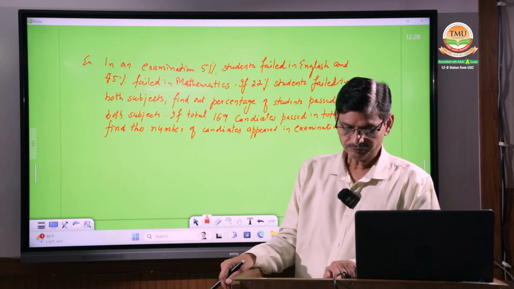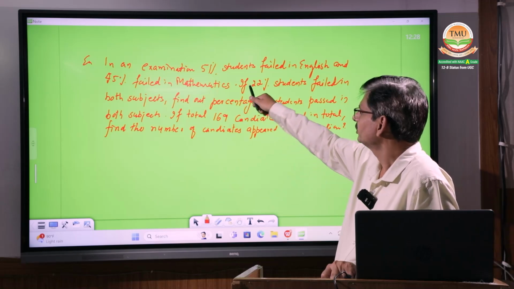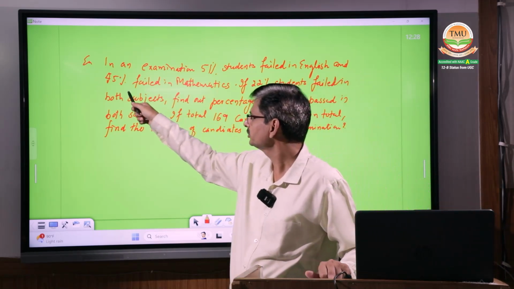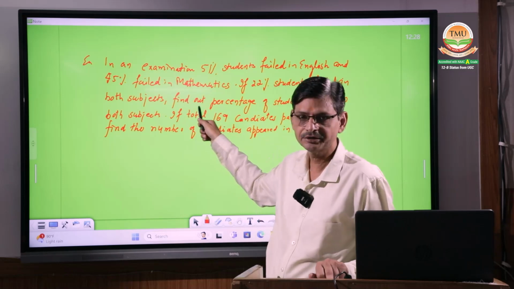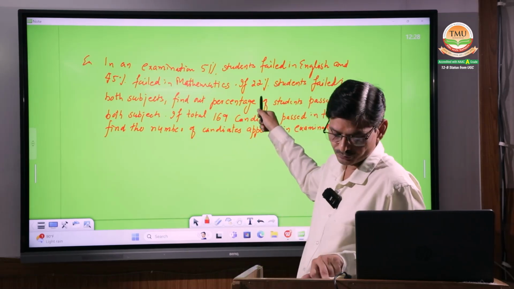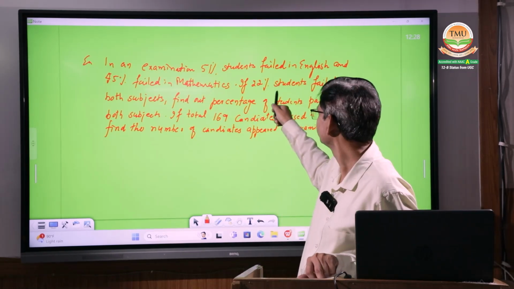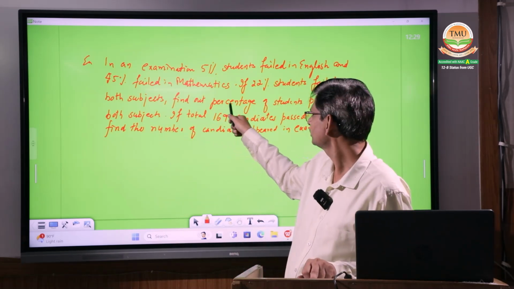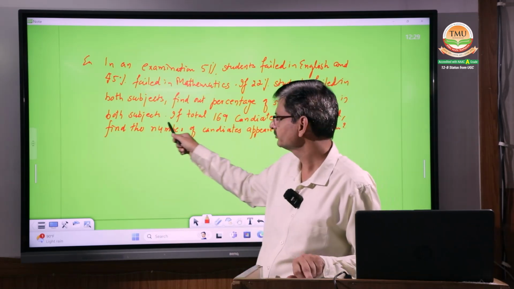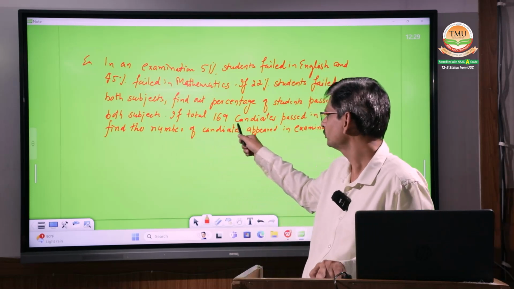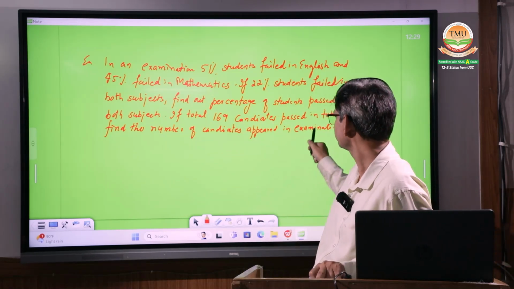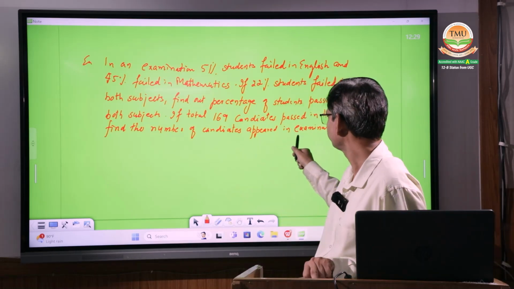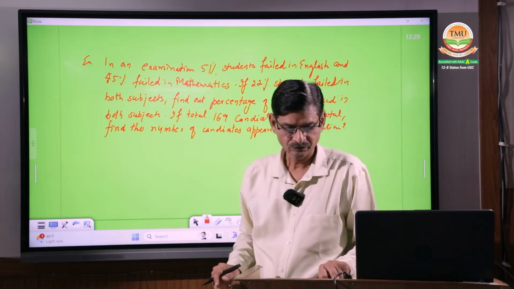This is the question. In an examination, 51% student failed in English and 45% failed in mathematics. If 22% student failed in both subjects, find out percentage of student passed in both subjects, and if total 169 candidates passed in total, find the number of candidates appeared in examination.